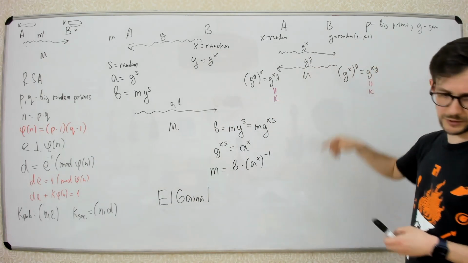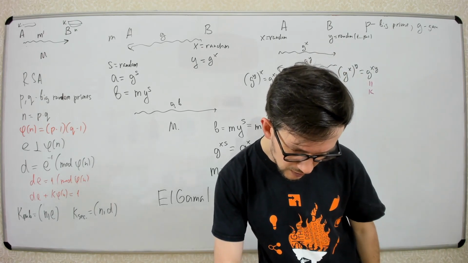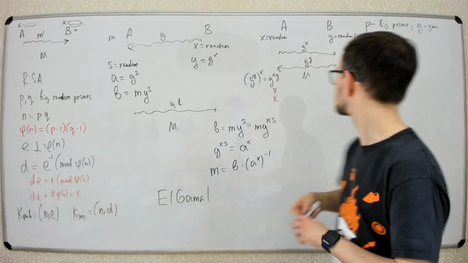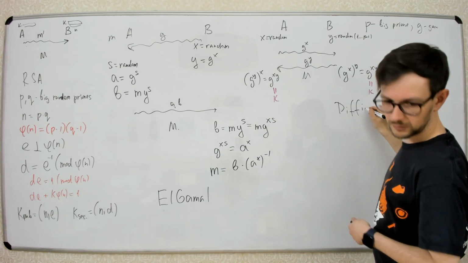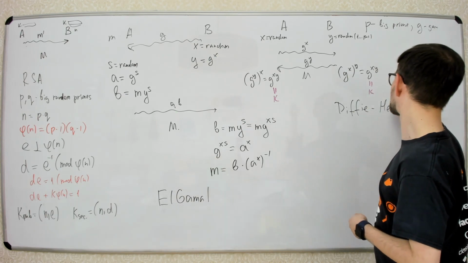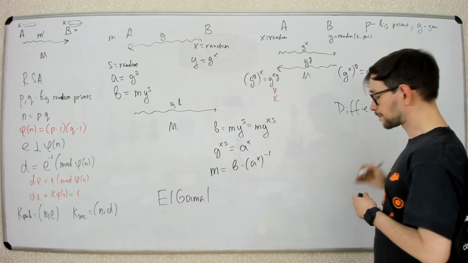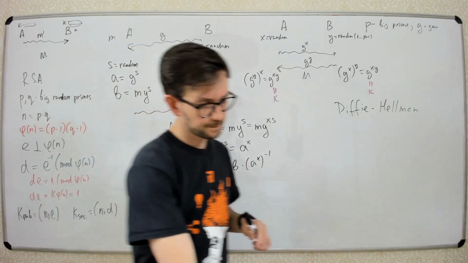And this is called the Diffie-Hellman algorithm. How is it spelled? I'm not good at spelling names. Diffie-Hellman. Like this. Nice.